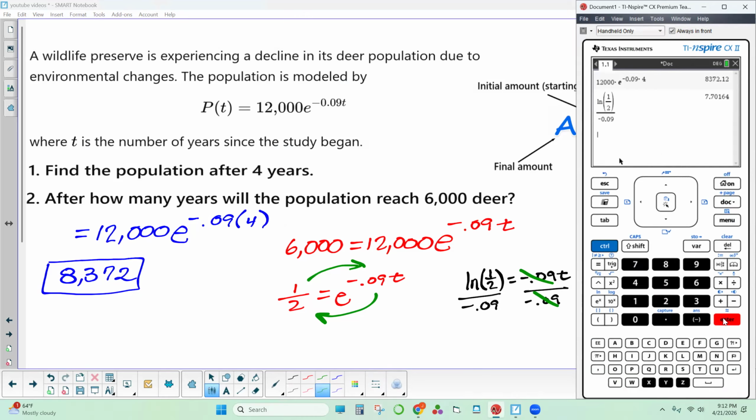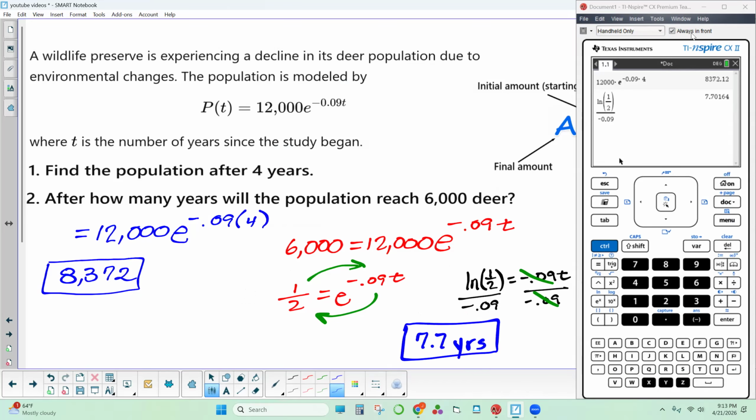All right. And the time is 7.7 years. Now, if I was rounding to the hundredth place, I would just write 7.7 years, since that is 7.70. And that's how long it'll take for our population to reach 6,000.